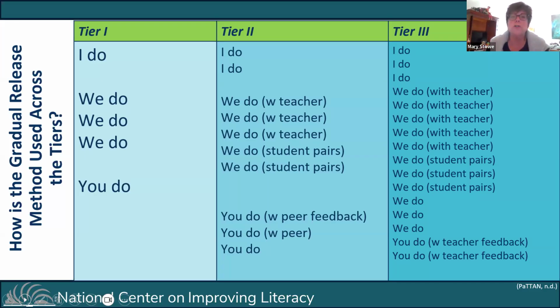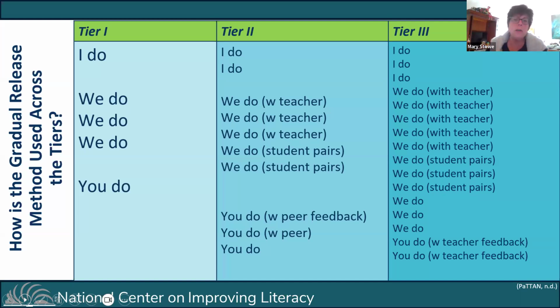So when we look at tier two with this very simple model of gradual release, I do has been multiplied times two, but then the we do we've increased to even more times and opportunities for the collaboration between teacher and students, and then between students themselves before we move to the you do piece.